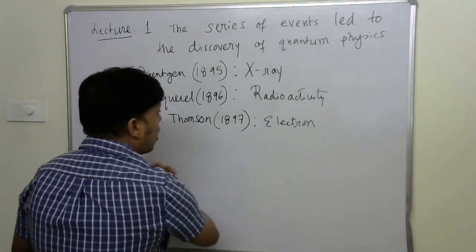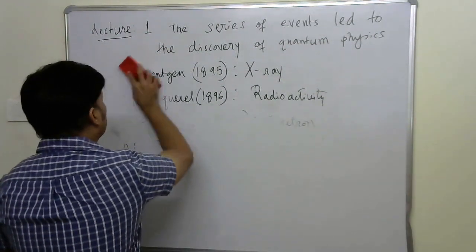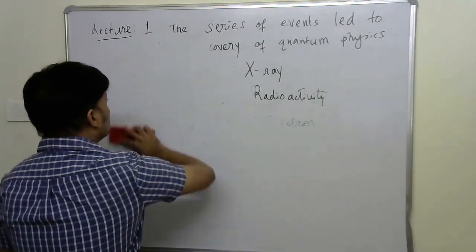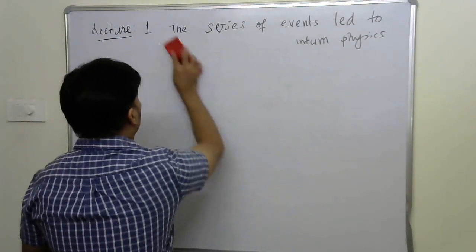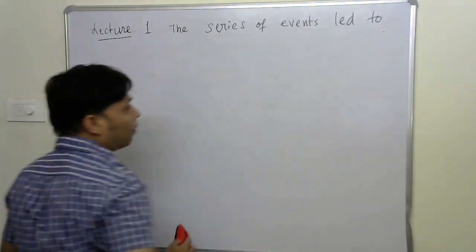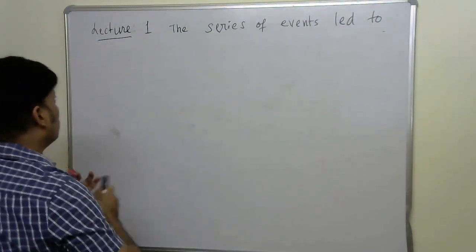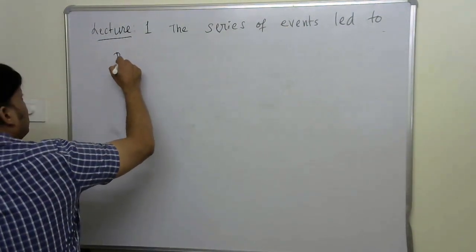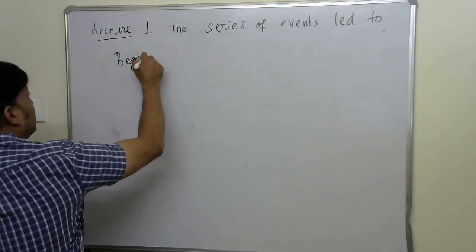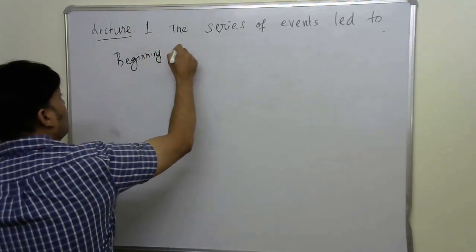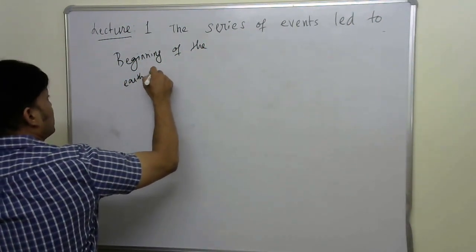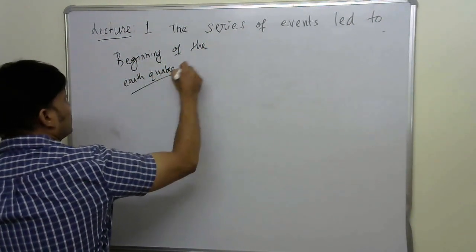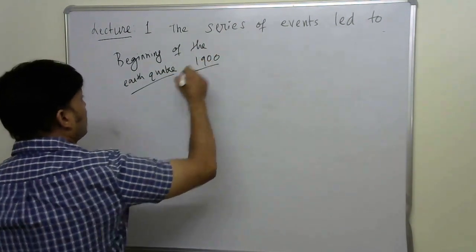So the question is, what exactly happened in the year 1900? What was the beginning incident of the earthquake? We can write that here: the beginning of the earthquake in physics. It happened in the year 1900.